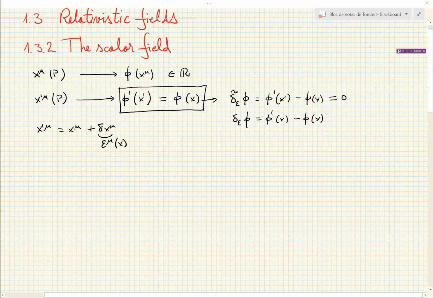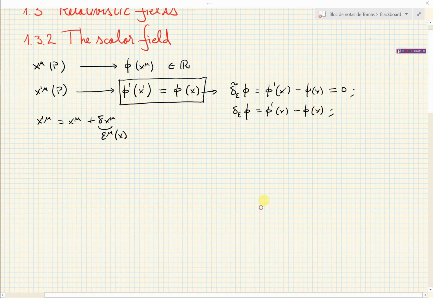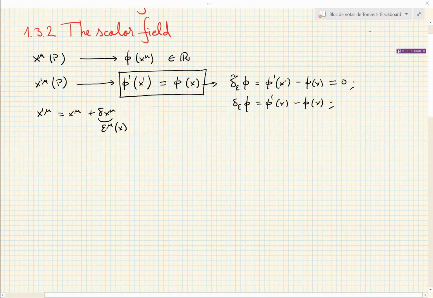This is similar to what we have done in mechanics. Now, there is also a similar relation between δ tilde and δ as in mechanics.